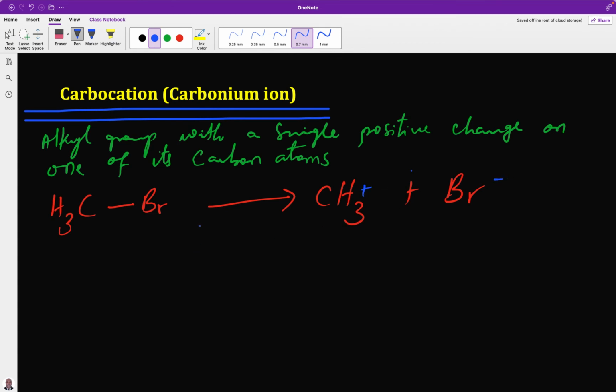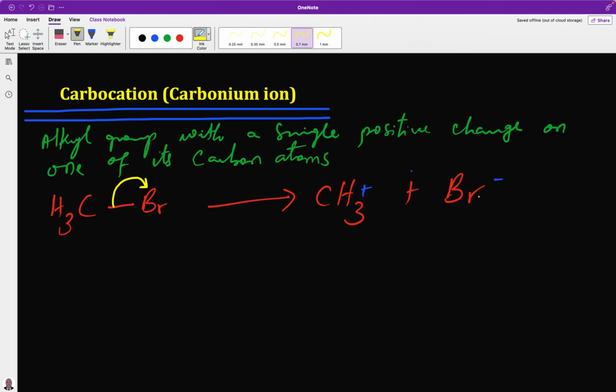So now I'm showing the curly arrow showing the movement of the lone pair of electrons when it is double-headed. So when the covalent electrons that are here move to bromine, what happens? The CH3 becomes electron deficient and acquires a positive charge.